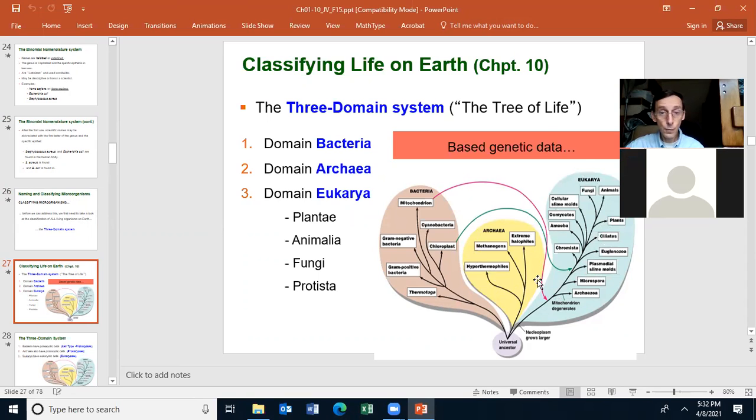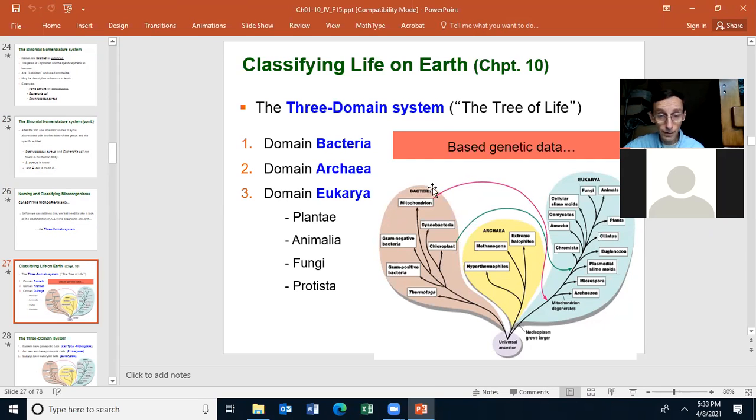How we know which domain an organism falls under is you simply sequence the organism's DNA, and then we find its domain by the domain that has that sequence of DNA, meaning all organisms in the domain Bacteria have a similar sequence of DNA.